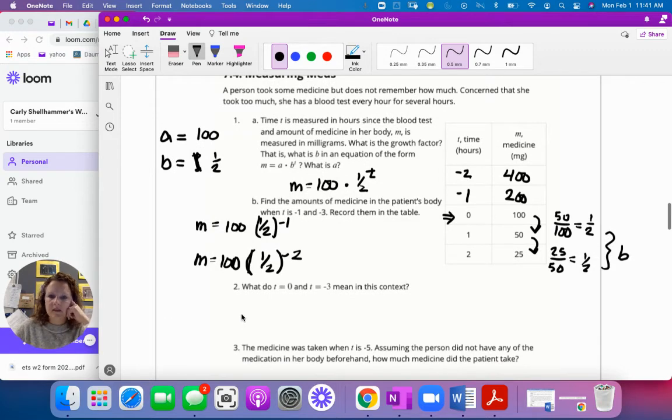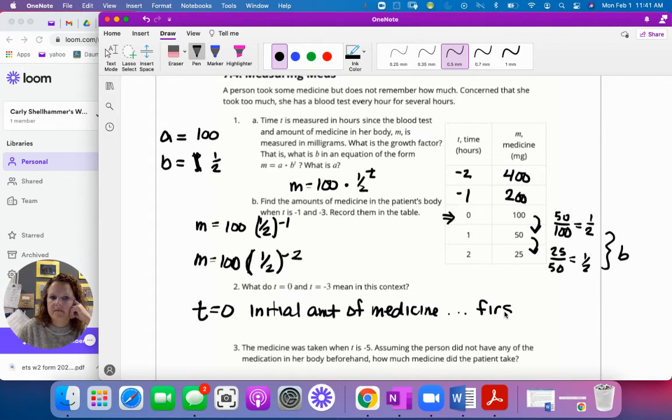Okay, what do t equals 0 and t equals -3 mean in this context? Well, when t equals 0, that shows the initial amount of medicine the first time it's tested.